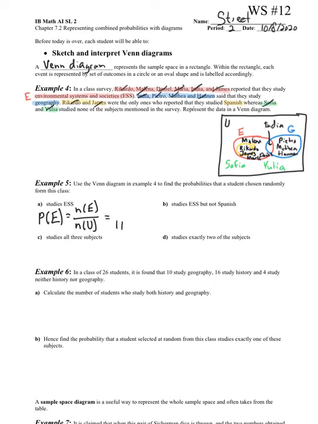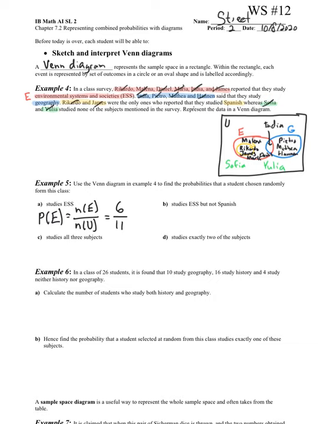That's where the 11 comes from. The ones that studied ESS, there were 1, 2, 3, 4, 5 students. So the probability turns out to be 5 out of 11. Oh, actually, I'm sorry, I forgot about India. She was in the circle with the geography as well. So there were 6 students, and I could actually count that up top. 1, 2, 3, 4, 5, 6. Okay, perfect. So 6 out of 11 students study ESS.